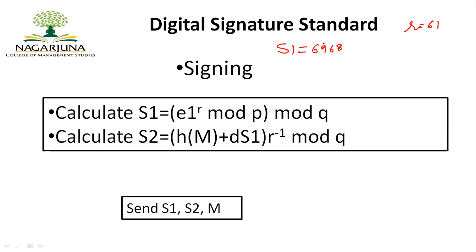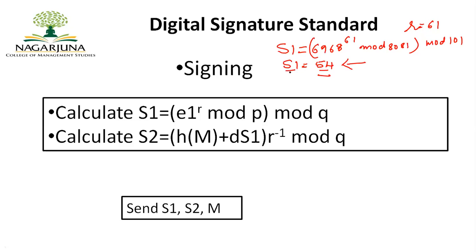I have taken the R value, which is a randomly generated secret integer, as 61, mod P value, which is 8081. And you perform a mod operation again with Q, where Q value is 101. So now this particular equation is going to generate a value of 54. Now we have generated a digital signature S1 whose value is 54.